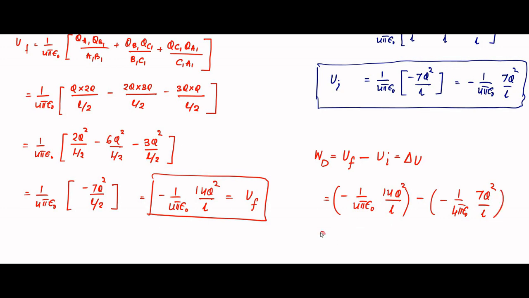So this becomes minus 1 by 4 pi epsilon 0 times 7q square by l. This is the work done in shifting the charges.